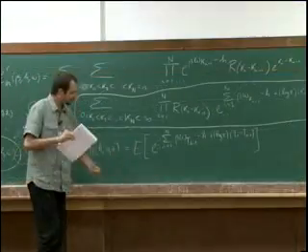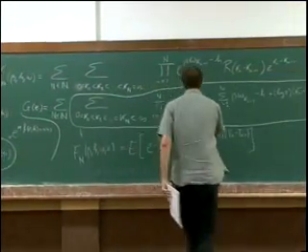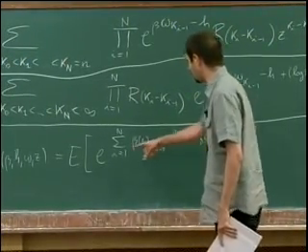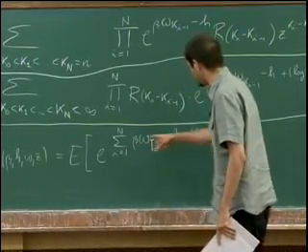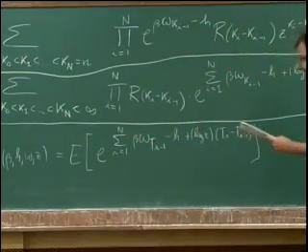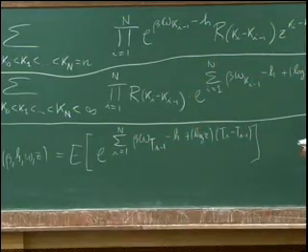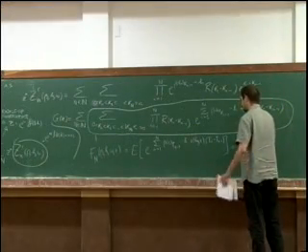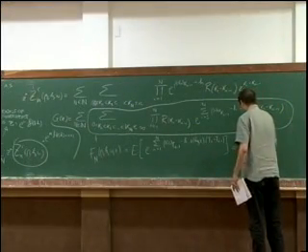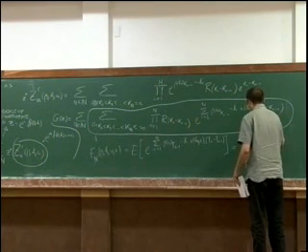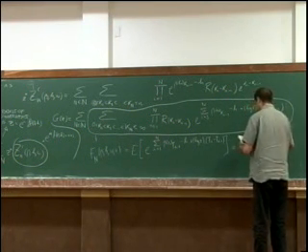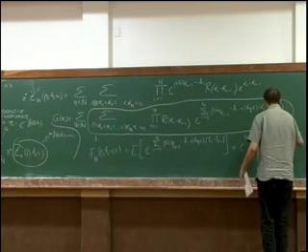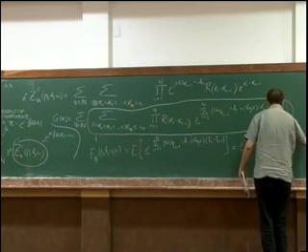But this is nice because h now appears in a very simple way. We can just pull it out because it's h times N. So more precisely, we can rewrite this as the exponential of N times S_N of beta omega, z minus h.